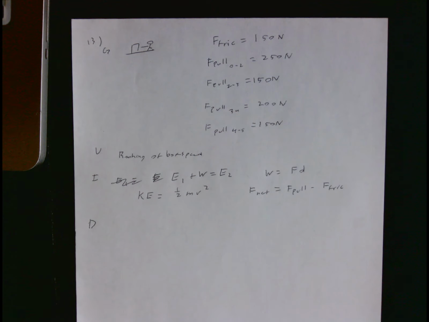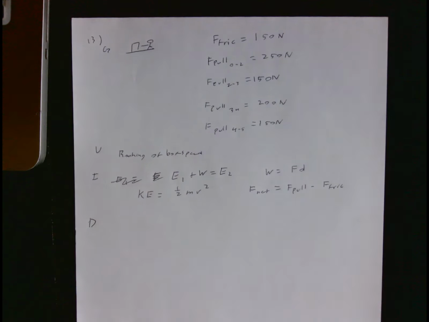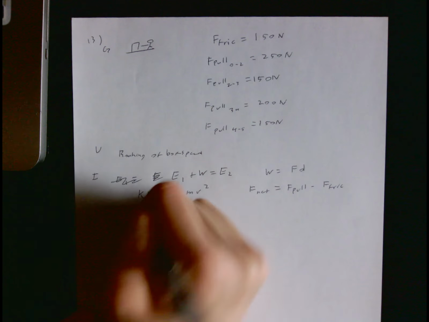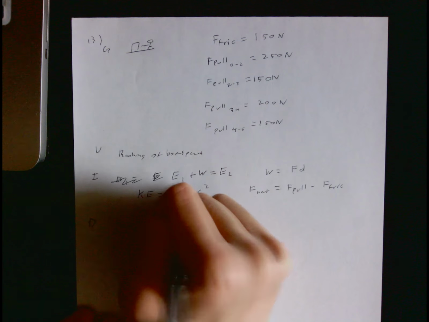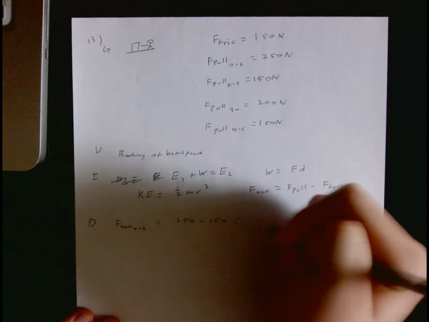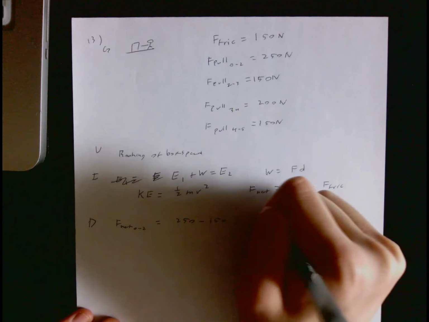Alright, and so when solving this, we first have to solve for the net force in between all these time periods. The net force from 0 to 2 seconds is equal to 250 minus 150 newtons, which is equal to 100 newtons.